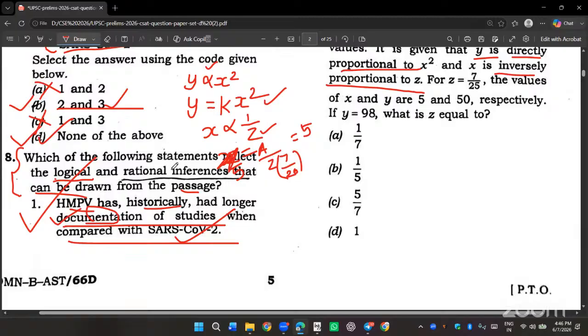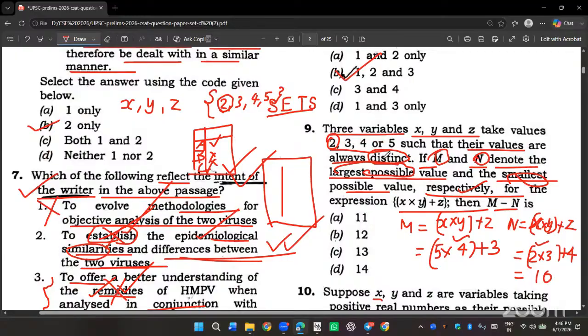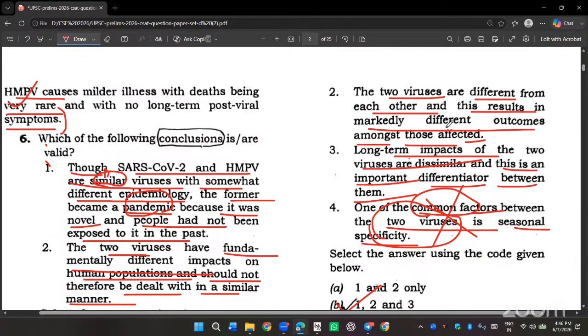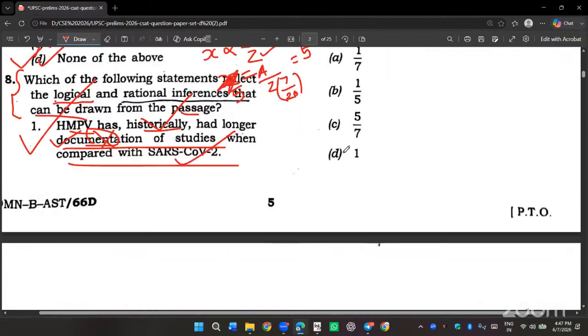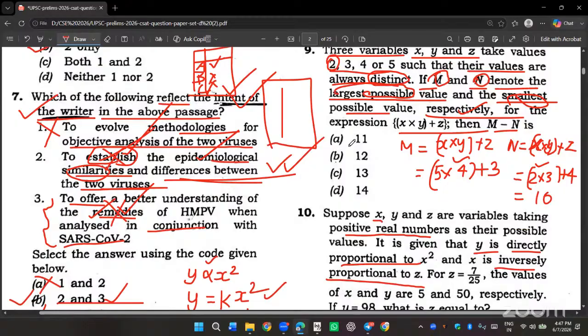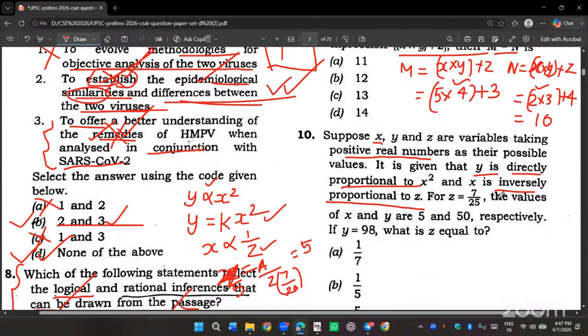If they had asked what was rational inference made by author, then you would mark this wrong. So here it is your inference. You can treat it differently. Historically, author did not use this word. You have logically, rationally concluded. Inference. Similarly, the difference. Yes, Kanna. I hope your doubt is cleared. If you have any doubt, you can type it.